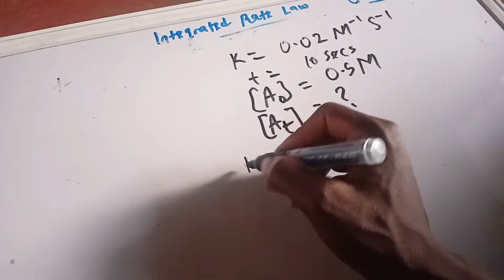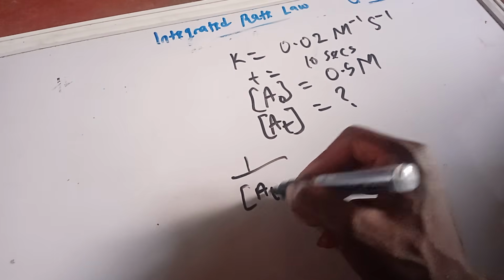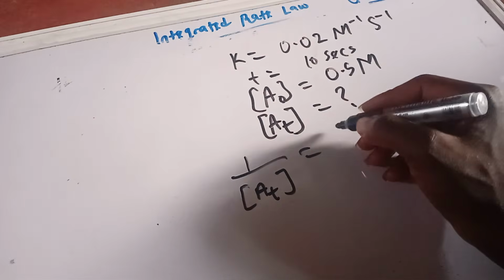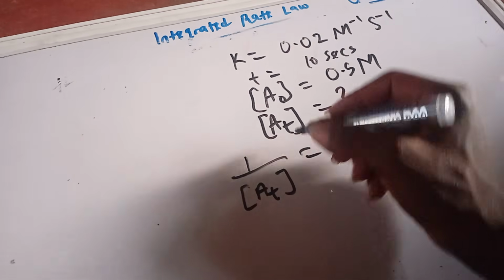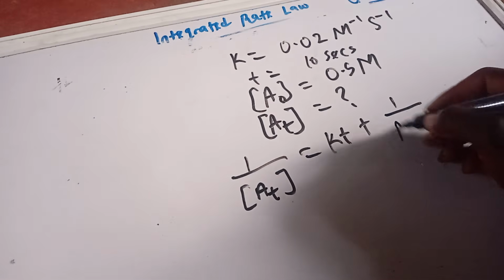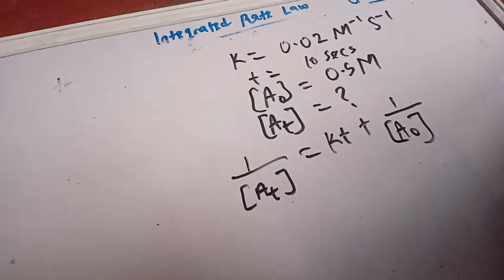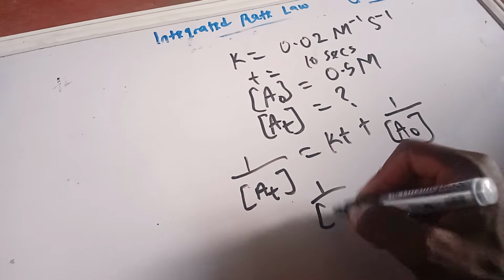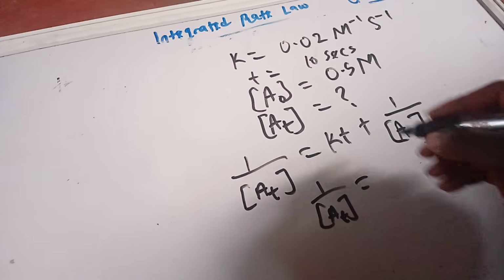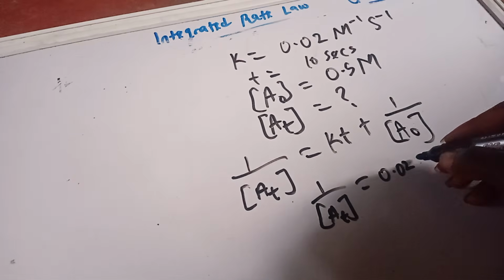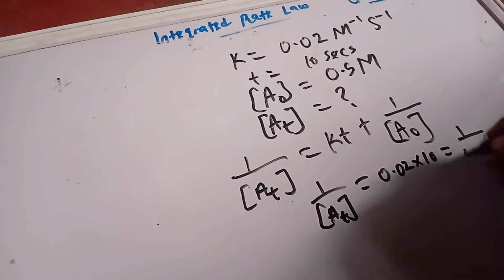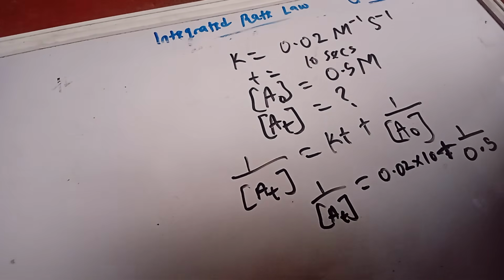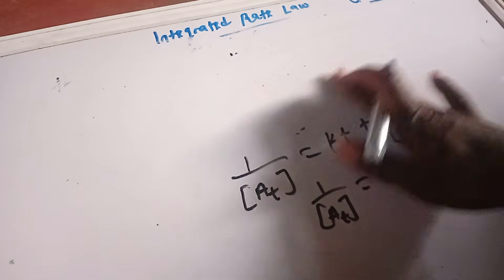So for second order, 1 over At equals kt, that one is positive, there's no negative there, plus 1 over A naught. That's the formula. Right now here we have 1 over At equals, what's our k, 0.02, what's our t, times 10, plus 1 over our initial concentration, 0.5.